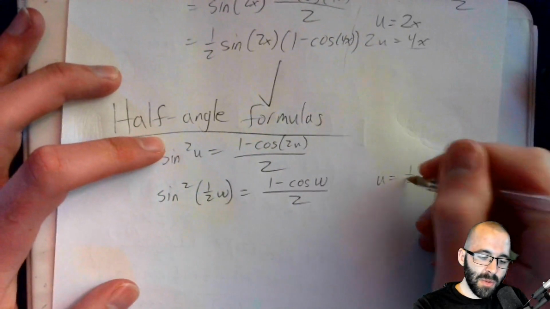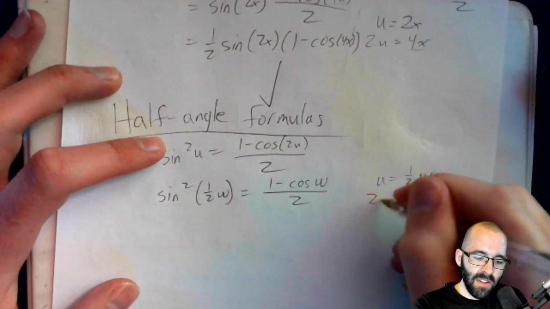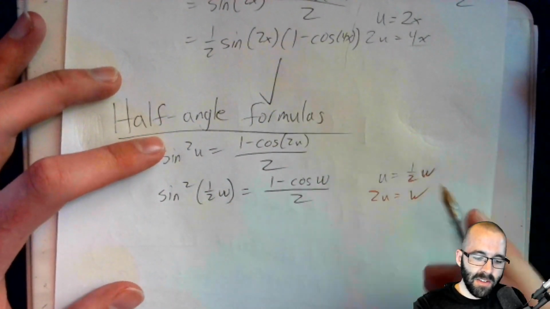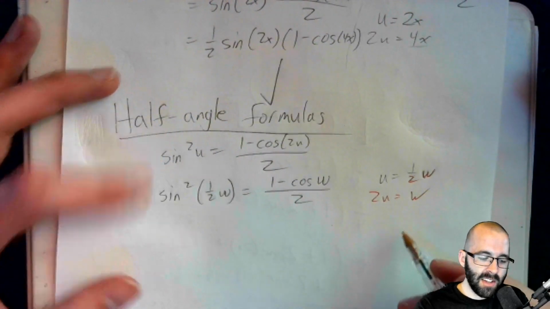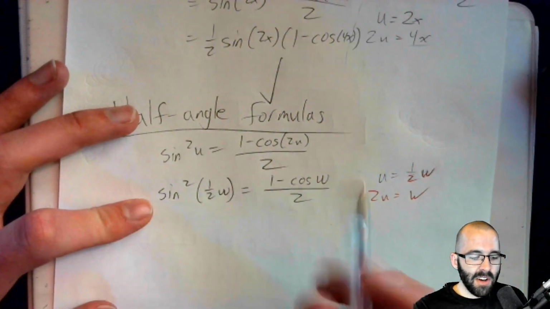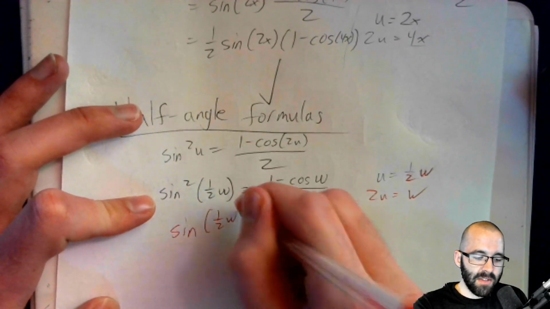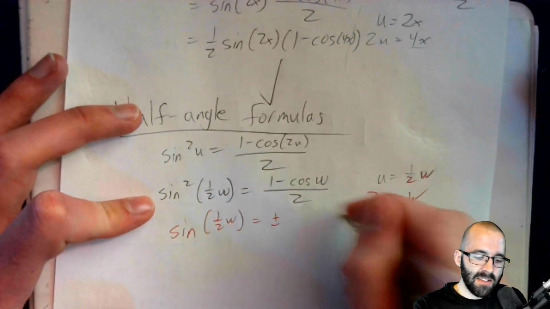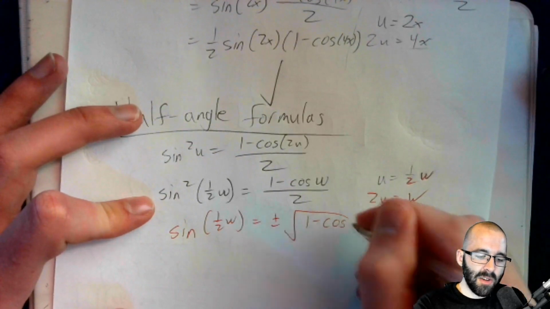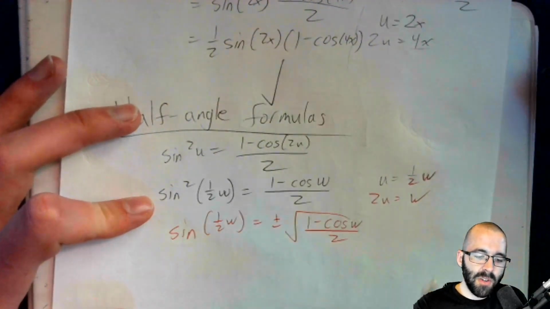So, if u is just 1/2 of w, then twice that is just w. So it's just a little substitution. So if we want to solve for the left-hand side, we take the square root of both sides. We're going to get plus or minus the square root of 1 minus cosine of w over 2.